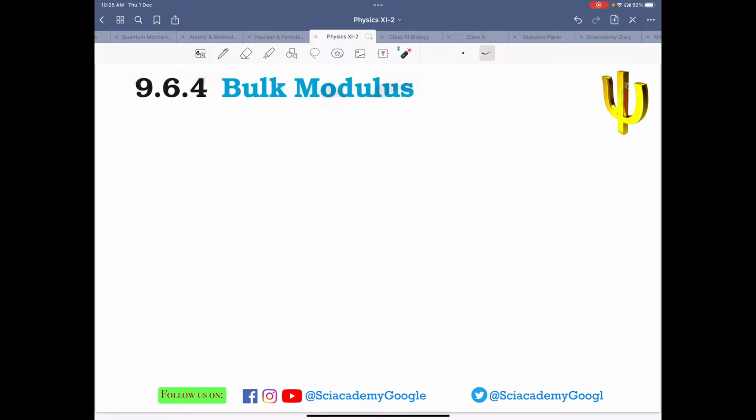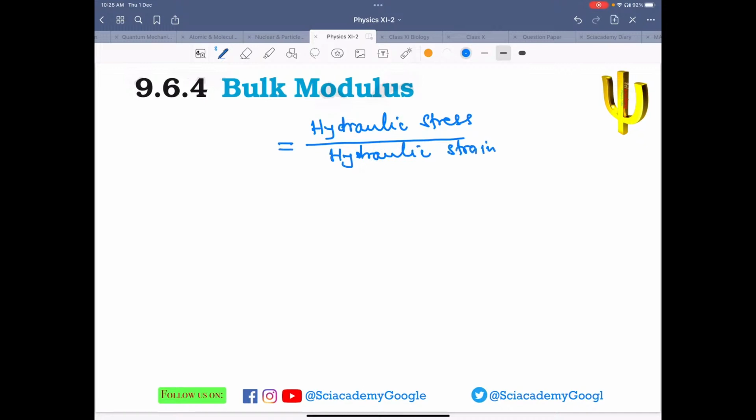It is again a ratio of the hydraulic stress to the hydraulic strain, and it is known as the bulk modulus B.